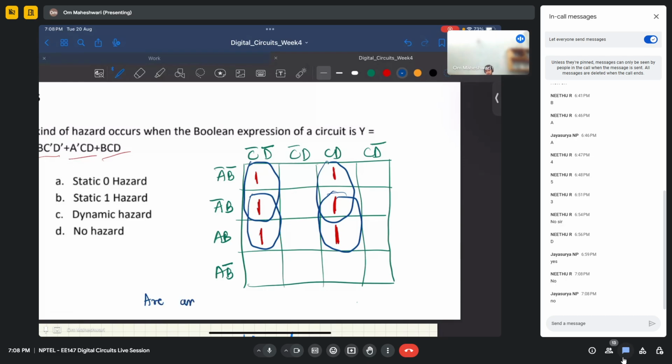This is important: adjacent ones not in the same group?